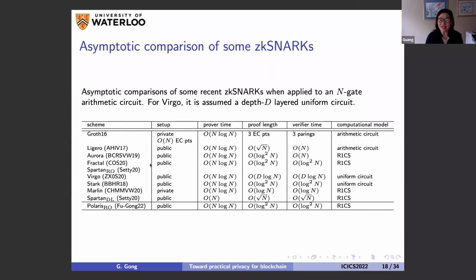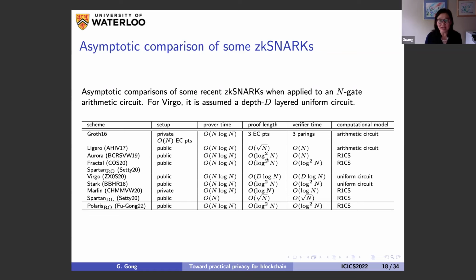And Ligero and Aurora: the proof size and the prover time are all the same, except for Spartan. Spartan is just linear, okay. And for Ligero, the proof size is the square root of n, but the verifier time is linear in the circuit size.